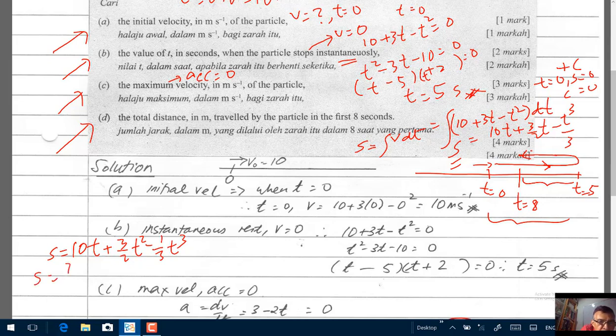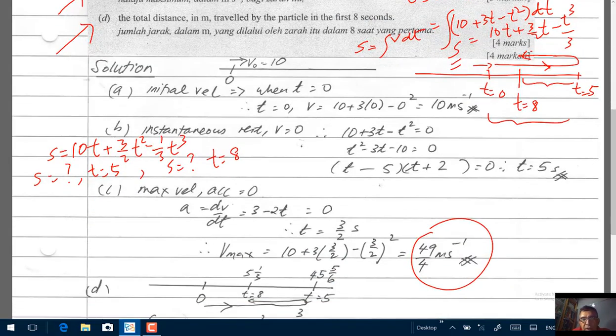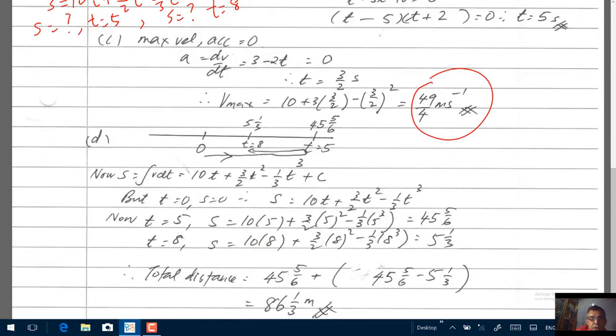Find s when t equals 5, then find s when t equals 8. I've done that for you here. Use a calculator. When t equals 5, s equals this amount. When t equals 8, just plug in 8 in your s function, and you'll get this value here.